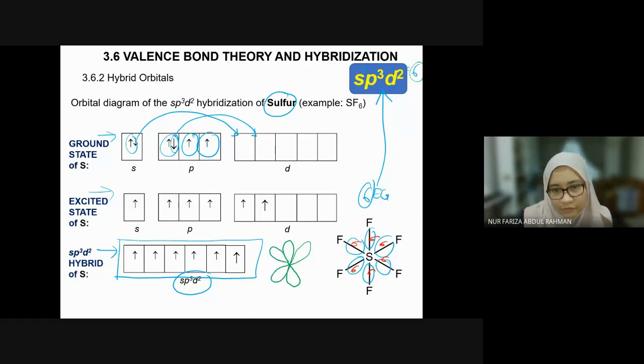Lagi satu. Yap. Buruk sikit lah. Okay. Alright, so this is sulfur. You don't forget the electron, the unpaired electron on each lobe.